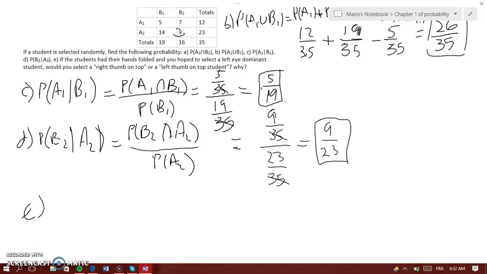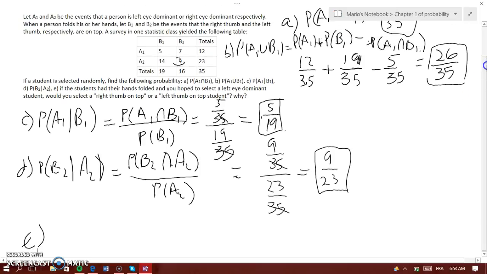Remember, a right thumb on top is B1, a left thumb on top is B2, and left eye is A1, my bad, A1.